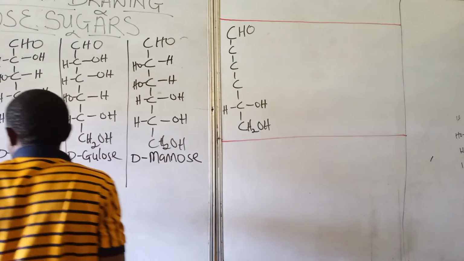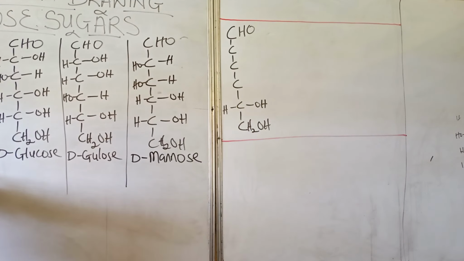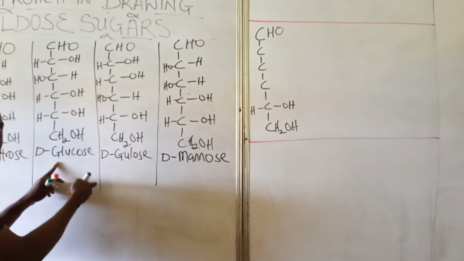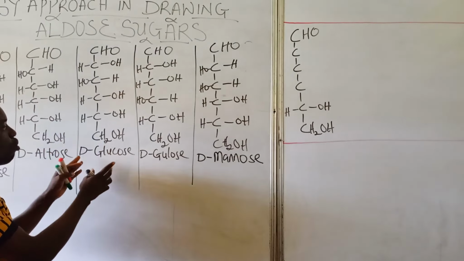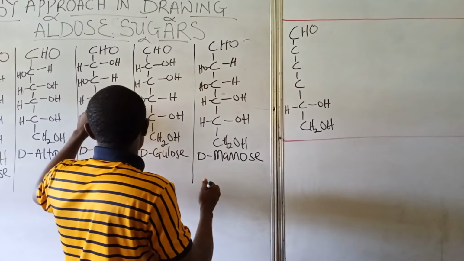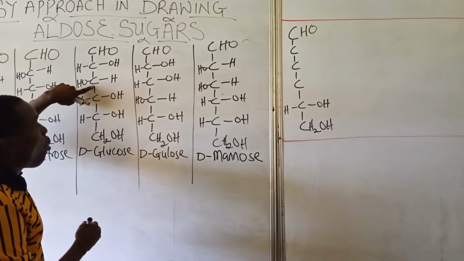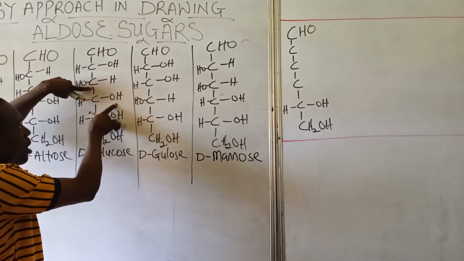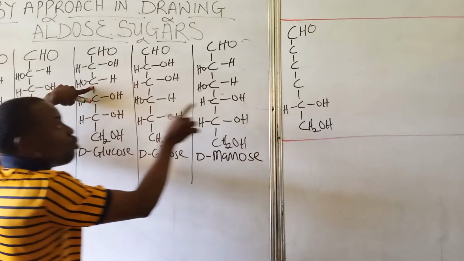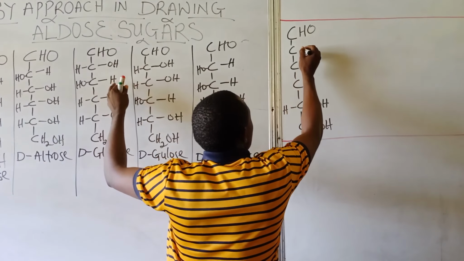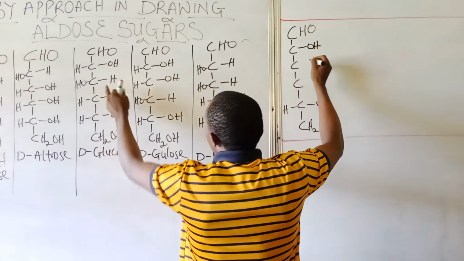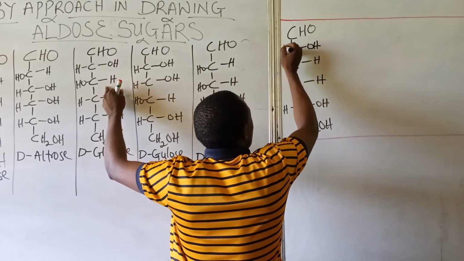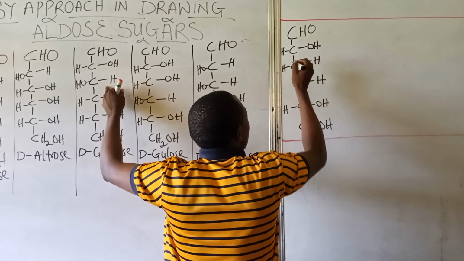Now remember, we have done that of the aldose. So let's see what we can derive from glucose. Then we'll move straight down here. It means carbon 4 for glucose. We are having carbon 3 here. So we have to remove this one to come to the other side there. So we move straight down here. So here is OH, here is H, then here now is not H. Just follow me.